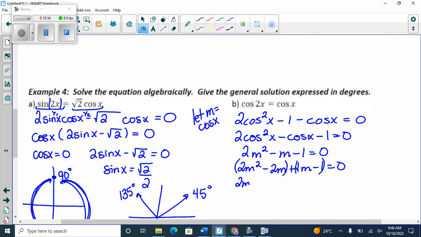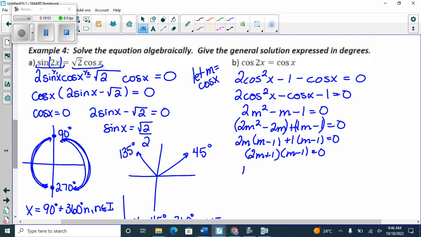Take out a 2m, I'm left with m minus 1. Take out a plus 1, I'm left with m minus 1. So I get 2m plus 1, m minus 1.